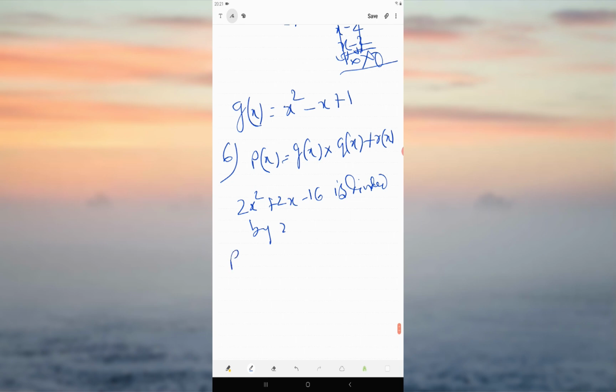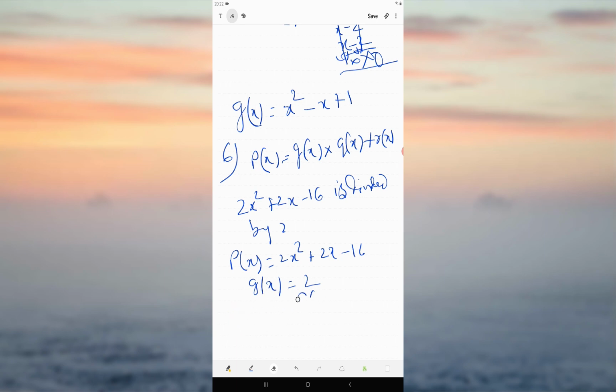So here we have p(x) is 2x square plus 2x minus 16 and g(x) is equal to 2. Correct? So what will we get? We will get q(x) equals p(x) by g(x). We need to divide first, then I will show you what q(x) will be.